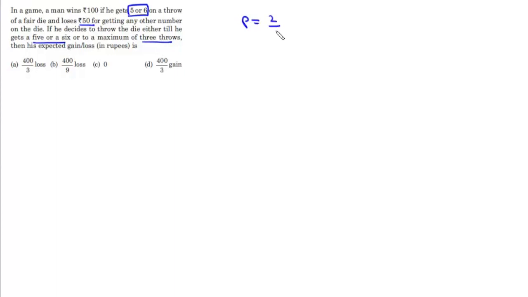So this probability is 2 by 6, which is 1 by 3, and the probability of him losing on any chance is 2 by 3. Now this game continues if he gets P, or if it is QP, or if it is QQP, or if it is QQQ.